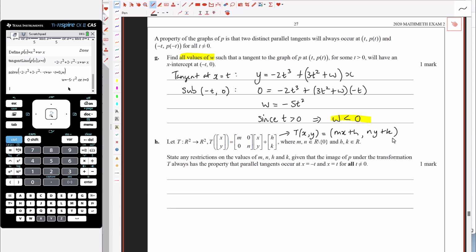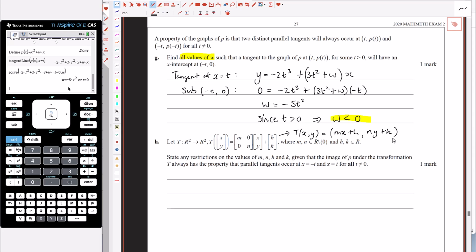So m is multiplying the x coordinate, so that's therefore a dilation from the y-axis. n is multiplying the y coordinate, so that's therefore a dilation from the x-axis. h is translating left and right, and k is translating up and down. So then we need to state any restrictions on the values of m, n, h, and k. And I think this should probably say m, n, h, and/or k.